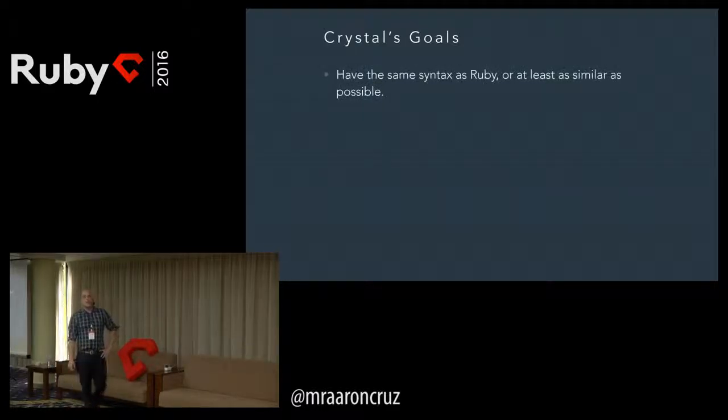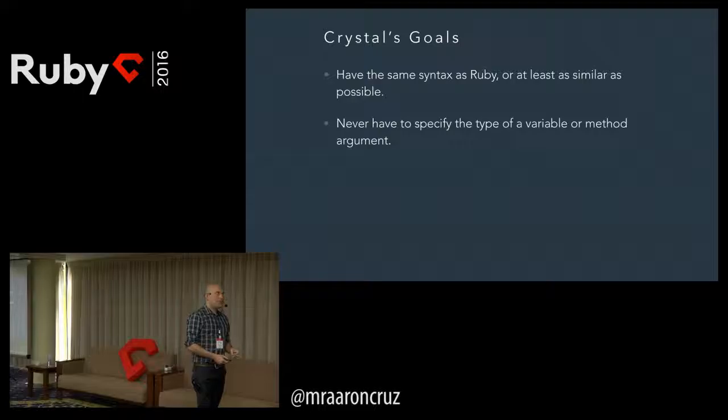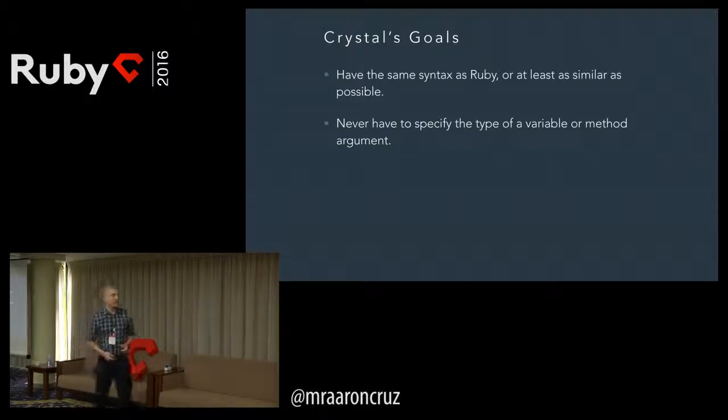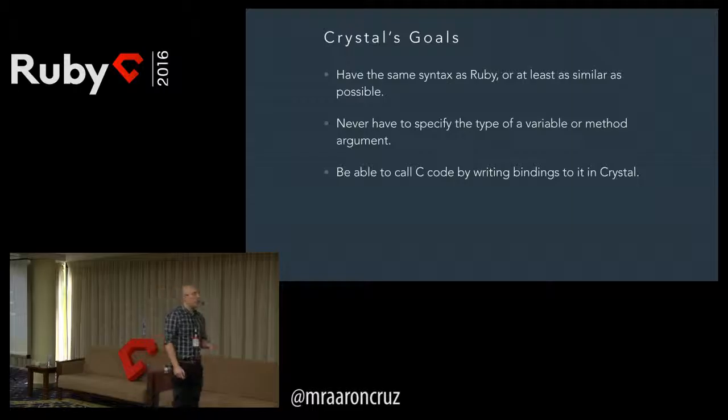There is some static typing, but they try to make it as light as possible. You should never have to say in a method what the type of the thing is.